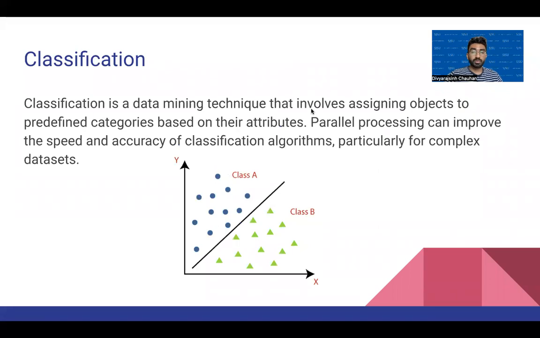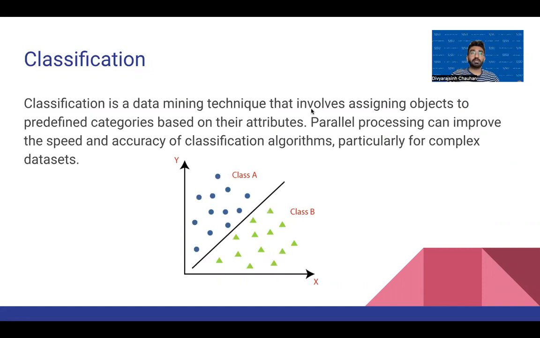Now let's move on to another data mining technique that we're going to see, which is classification. Classification is a technique used in machine learning and data mining to categorize data into one of several predefined classes or categories. Basically, the goal is to learn a function that maps input features to class labels based on the training data set with labeled examples.